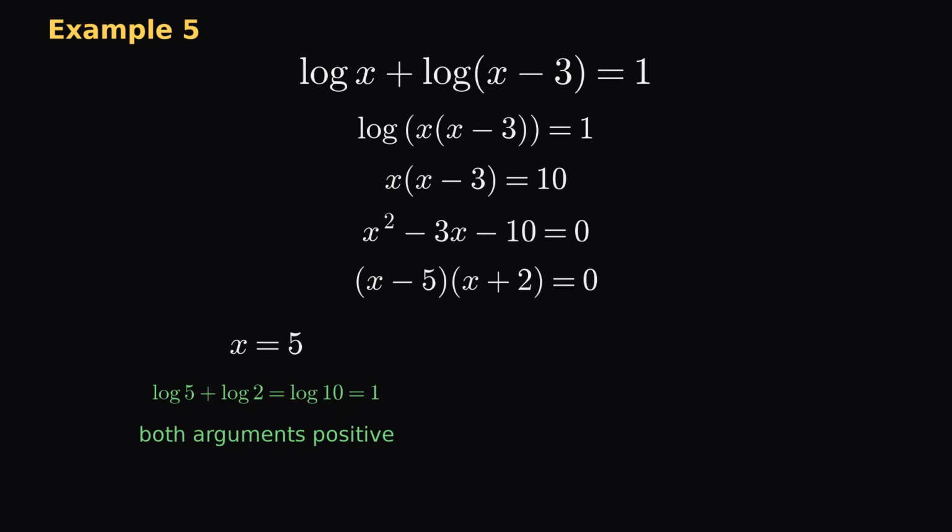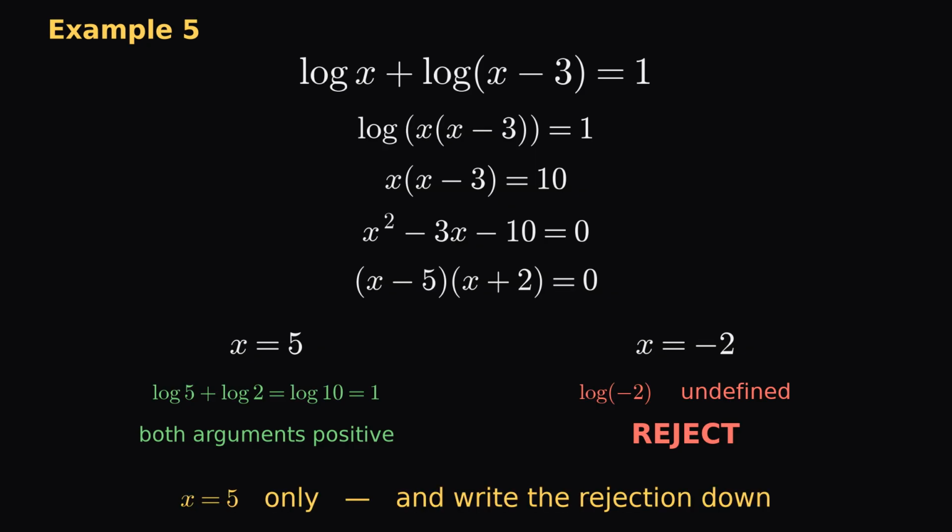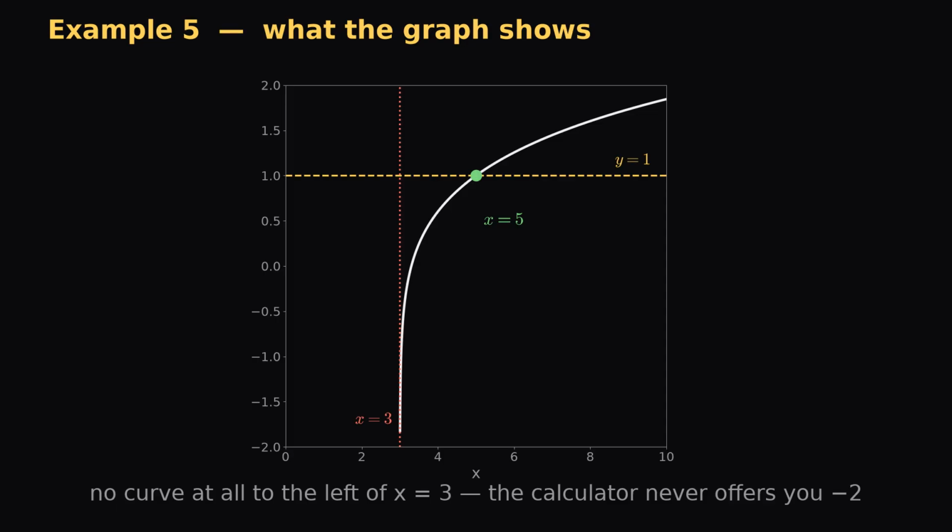Now check both. In the original, x equals 5 gives log 5 plus log 2, which is log 10, which is 1. And 5 and 2 are both positive. That one's good. x equals minus 2 gives log of minus 2. Undefined. Reject it.